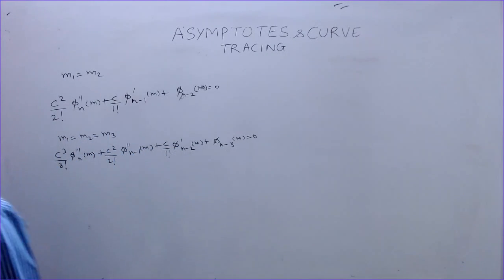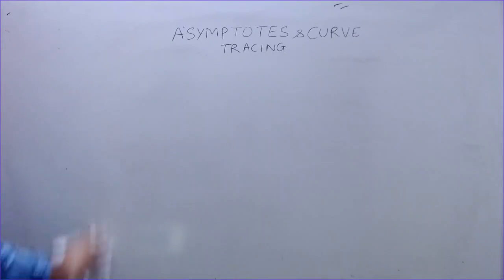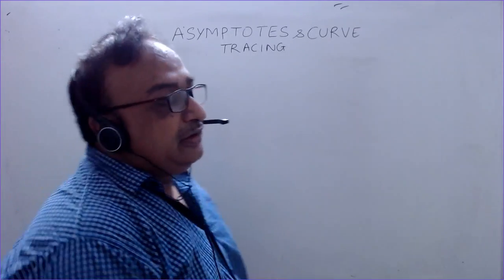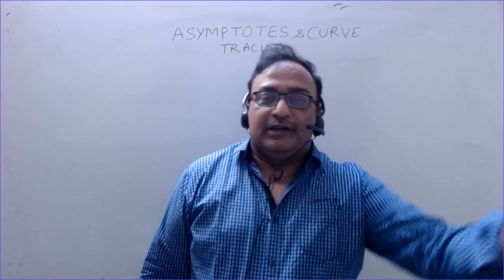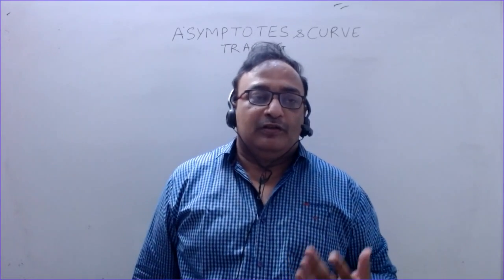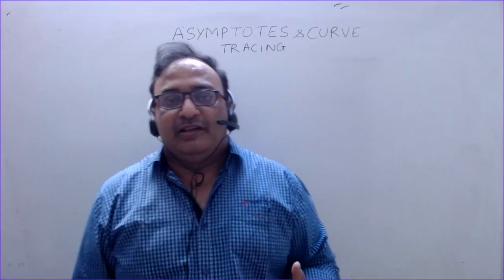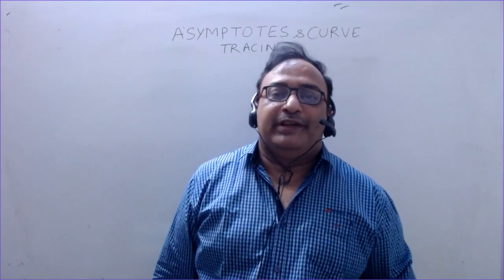Now after this, we have asymptotes which are parallel to the axis. How to find the asymptotes parallel to the axis? One thing I should make clear here, that we are discussing here only asymptotes for the Cartesian curves. We have the curves which are known as polar curves, for which the coordinates x and y are changed as r and theta, polar coordinates.